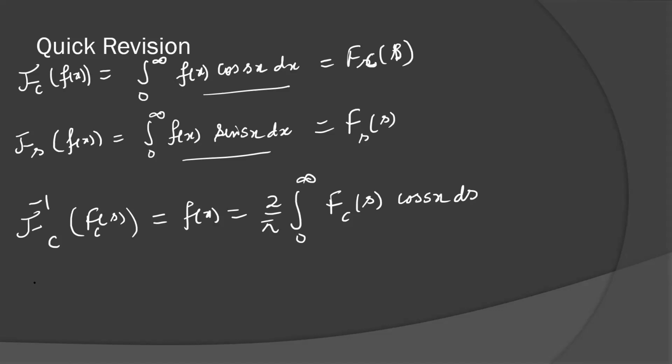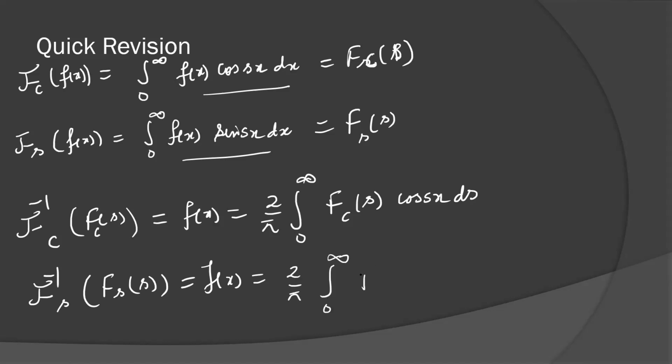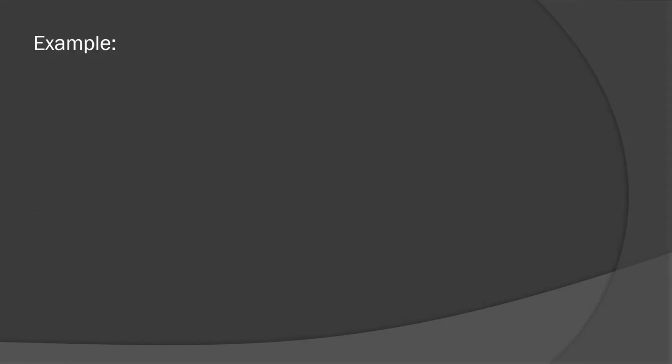Similarly, the inverse Fourier sine transformation gives f(x) equal to 2 over pi times the integral from 0 to infinity of F_s(s) sin sx ds. You can follow my lecture 2, where I have discussed these formulas earlier. So today I will use these formulas and solve some important problems.